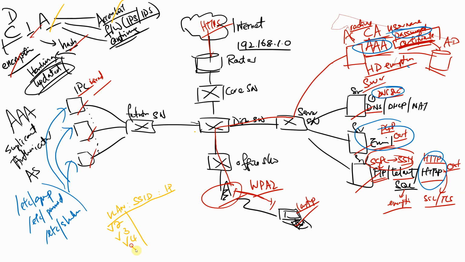This is VLAN 5. Then we have manager as the SSID, the password can be 192.168.2.0 network. And then you can have your HR, which is a 3.0 network, and then you have your sales and marketing people, which is a 4.0 network, and last but not least, your technician, 5.0 network.